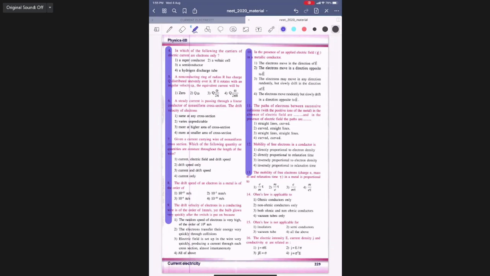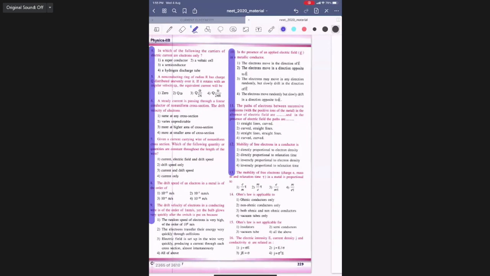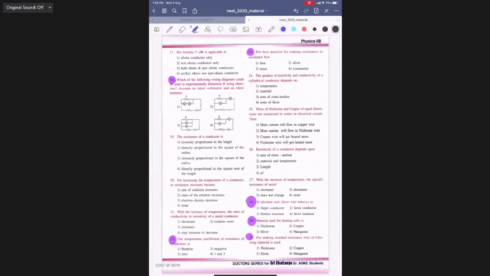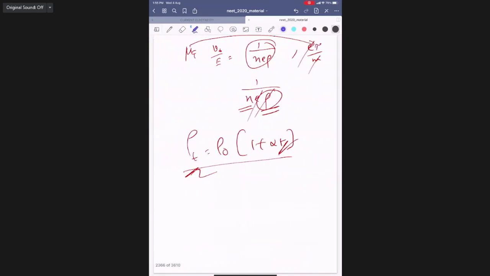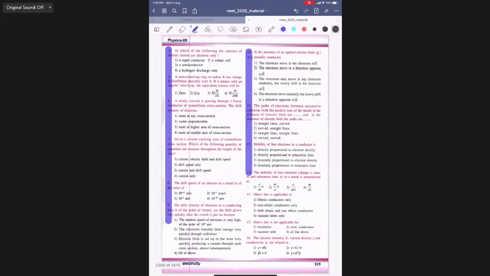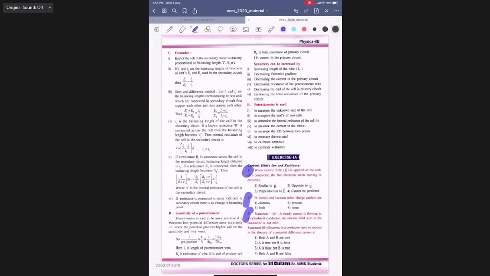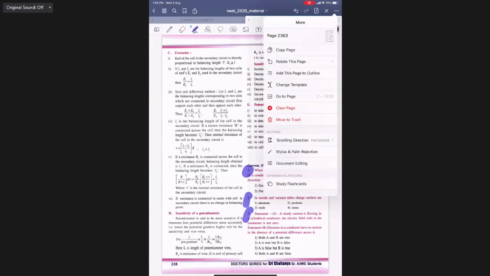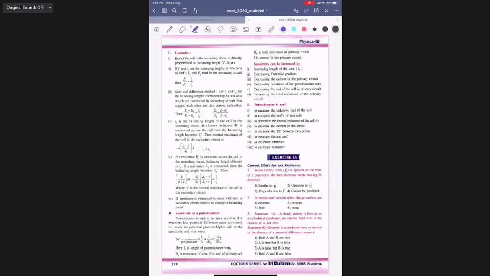Okay. Go through these. You try to solve these. Okay, sir. Chalo.